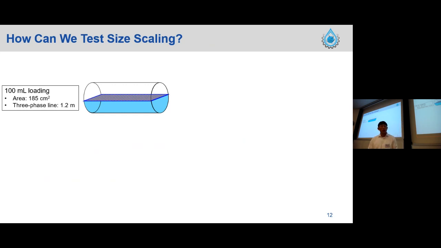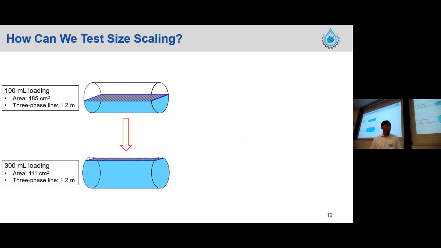If we change the liquid loading to 300 ml, the gas-water interface area obviously gets smaller than with the 100 ml liquid loading, but the three-phase contact line remains almost the same.